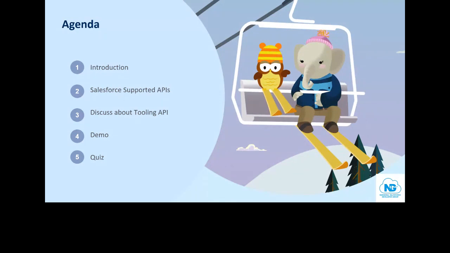Next one is Partner API. Partner API is shared externally, but only with those who have business relations with the organization.